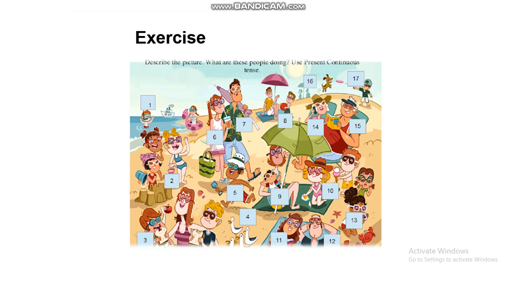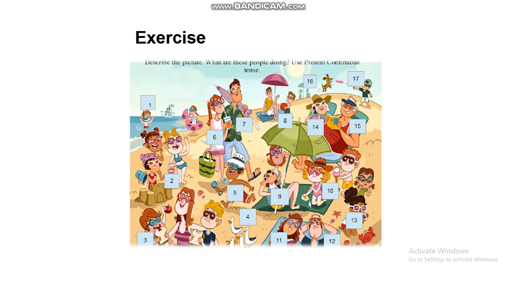So now you have this picture, okay? This is going to be your homework. What are you going to do? You're going to describe for me what is happening in this picture using the present continuous tense. As you can see here, for number 1, you're going to tell me the boy is swimming, okay? And number 2, the girl is playing with the sand, or maybe the girl is building a sand castle.